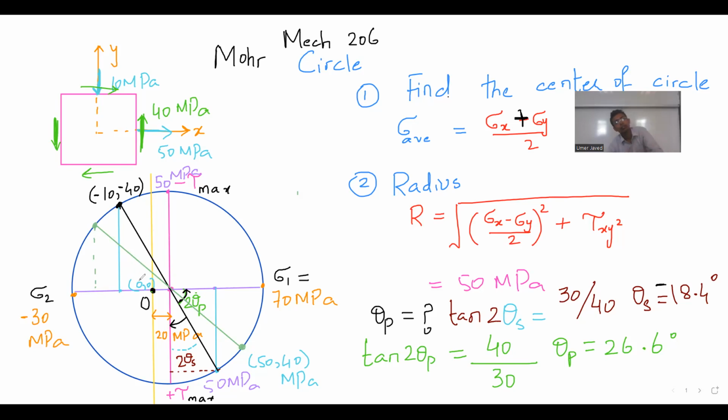So 53.2 minus 20. This angle will be 33.2, correct? Because we are going anti-clockwise 20 degrees. From here to here, I went 20 degrees.